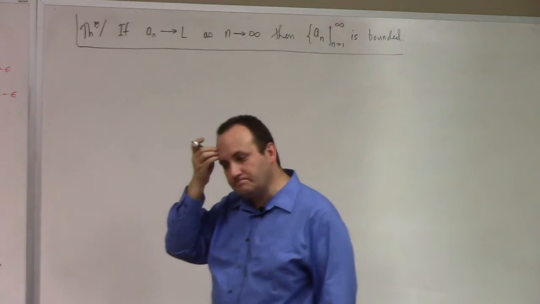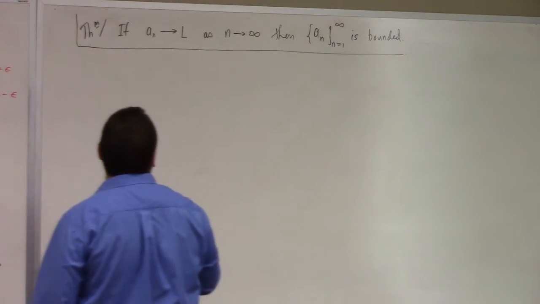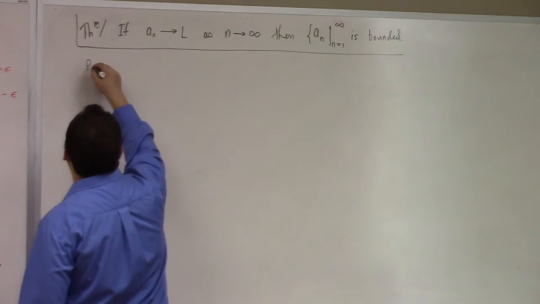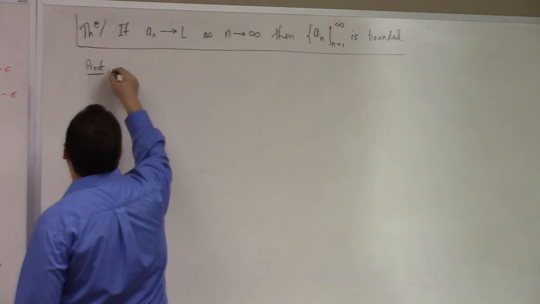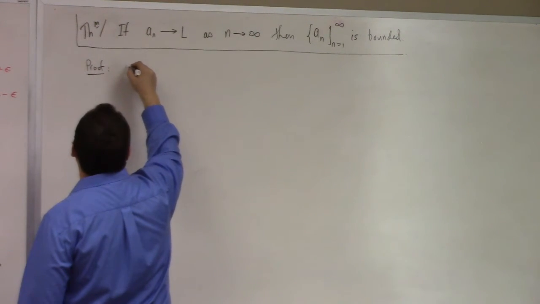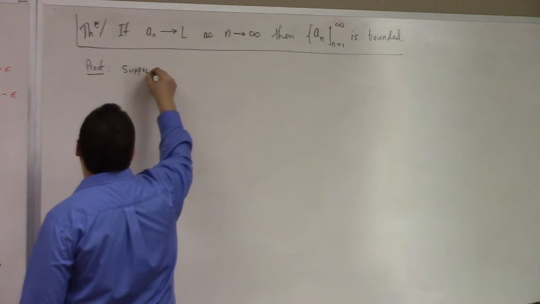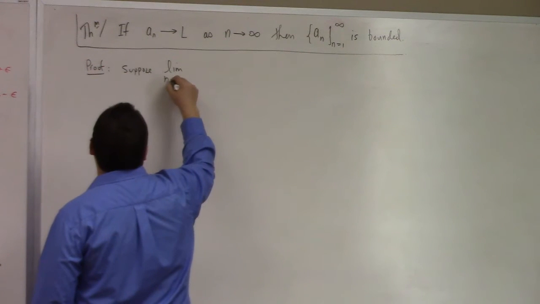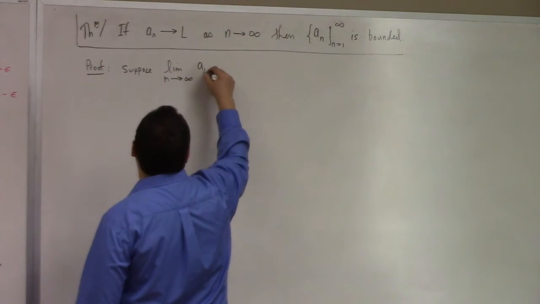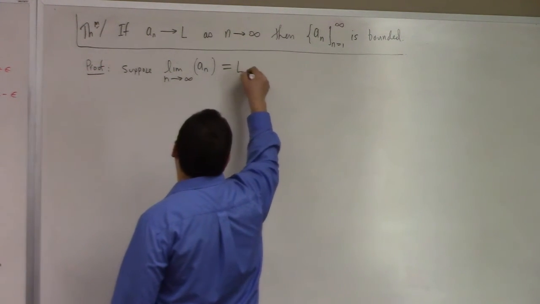So here's the proof. Suppose the limit as n goes to infinity of a sub n is equal to L.